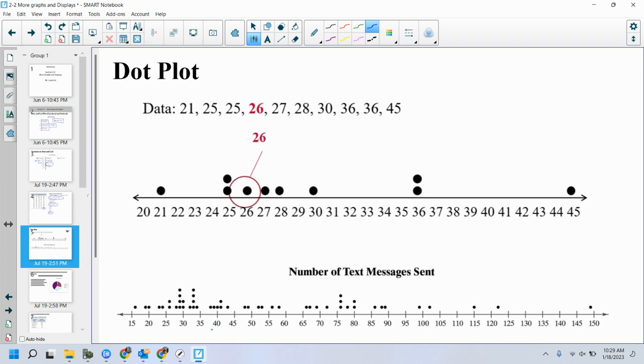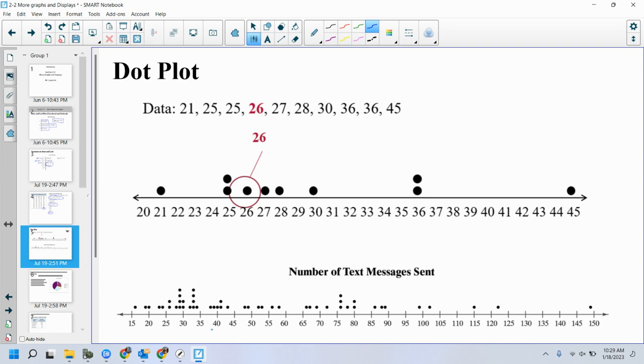I gotta be honest, I don't use a dot plot a lot. I'd probably use a stem and leaf plot rather than a dot plot. But it's just another way to do it. This is that same set of data for the number of text messages sent, written as a dot plot rather than a table or stem and leaf plot. Just another way to represent data.